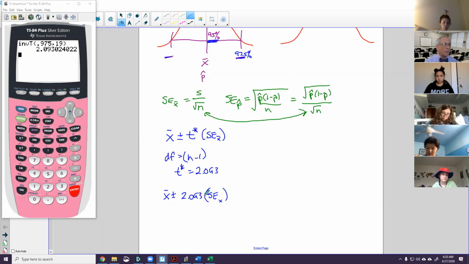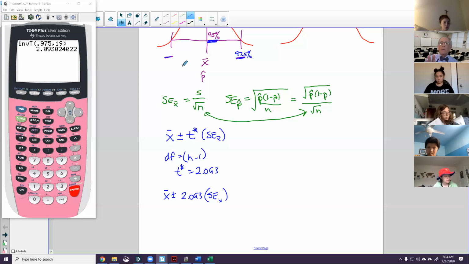That's how many standard deviations. This is one standard deviation. I want to go 2.093 standard deviations. I know that the middle is x bar, so I'm going to go plus that number and minus that number, and those are going to be the ends of my confidence interval.